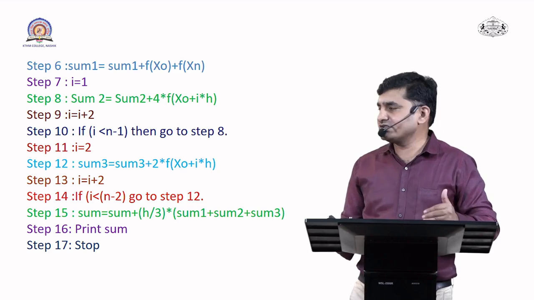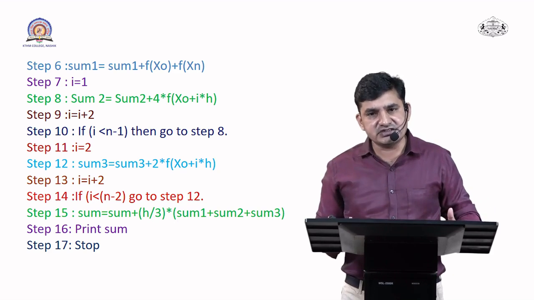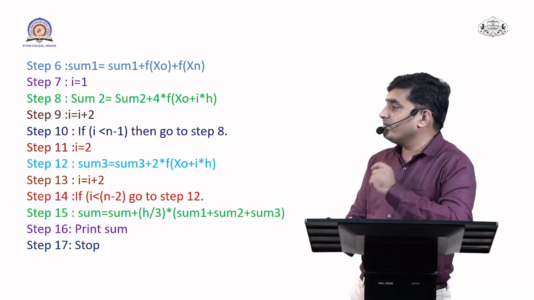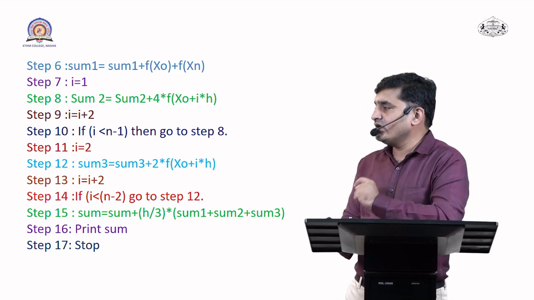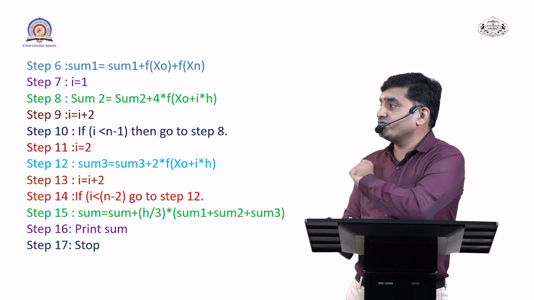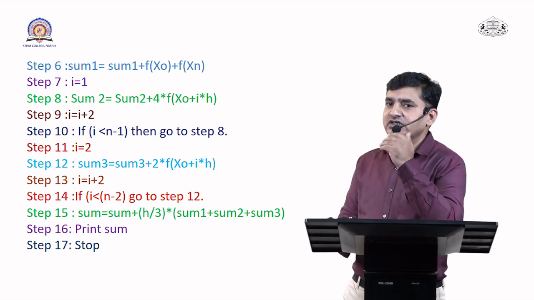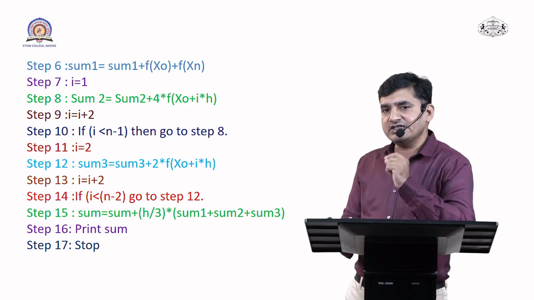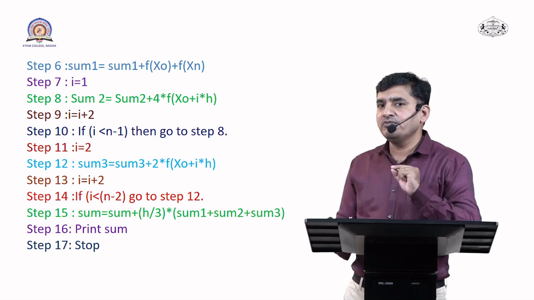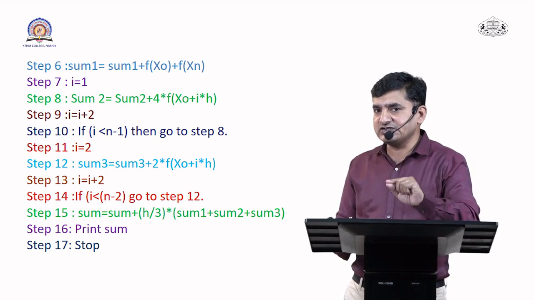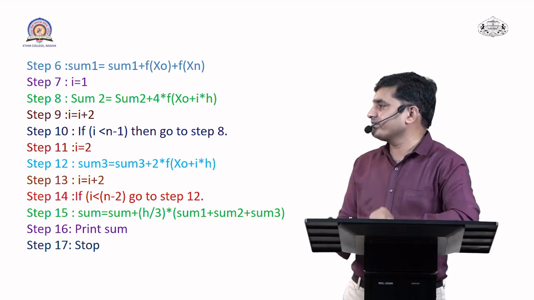And consider step number 15, that is sum is equal to sum plus h by 3 into sum 1 plus sum 2 plus sum 3. Sum is 0, h by 3 into sum 1 means f of x0 plus f of xn.